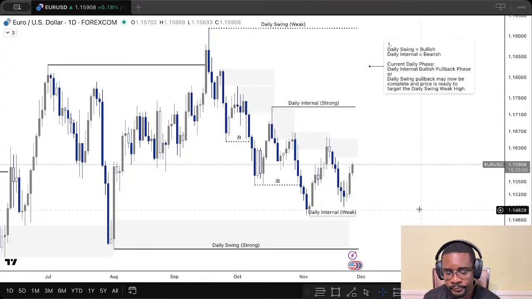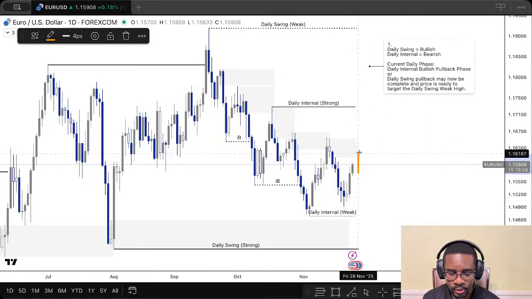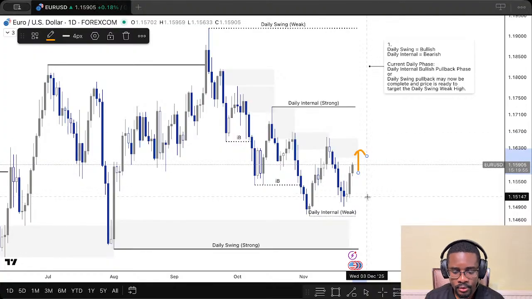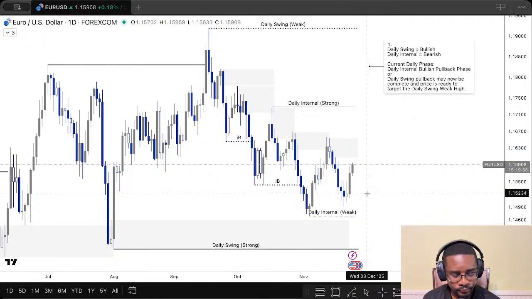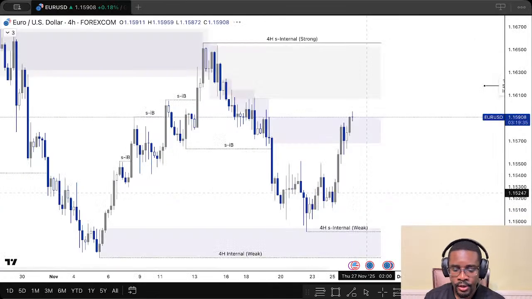Price could continue its bullish move to mitigate this daily supply at the extreme that's unmitigated. Right now, that's the expectation I would have: the price will continue bullish to mitigate that daily supply. And then I look at the 4-hour.